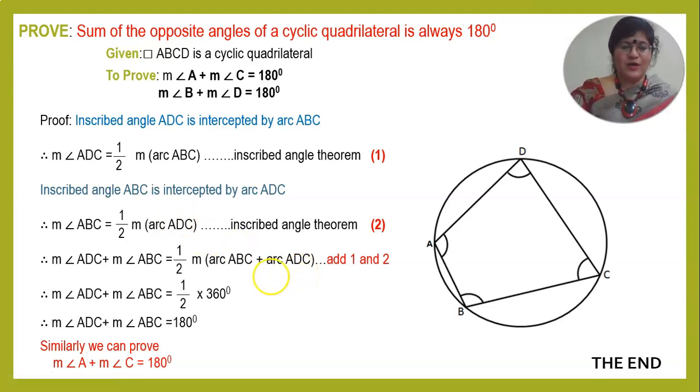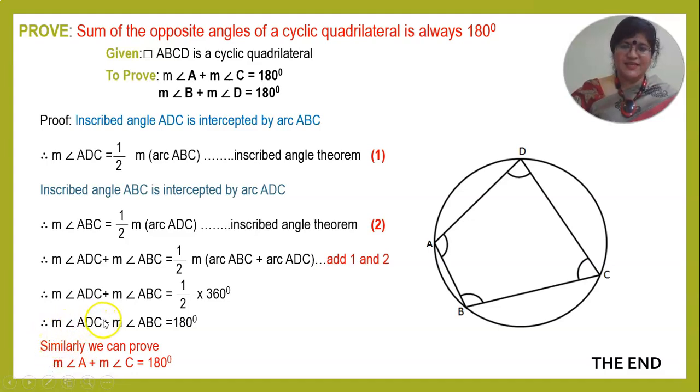Now look at measure arc ABC and measure arc ADC. You don't know their measures, but still I've taken it as 360 degrees. Why? Because ABC plus ADC together gives you the whole circle. So the angular measure of a circle is 360 degrees. So half into 360, you get 180 degrees. And what is on the left hand side?